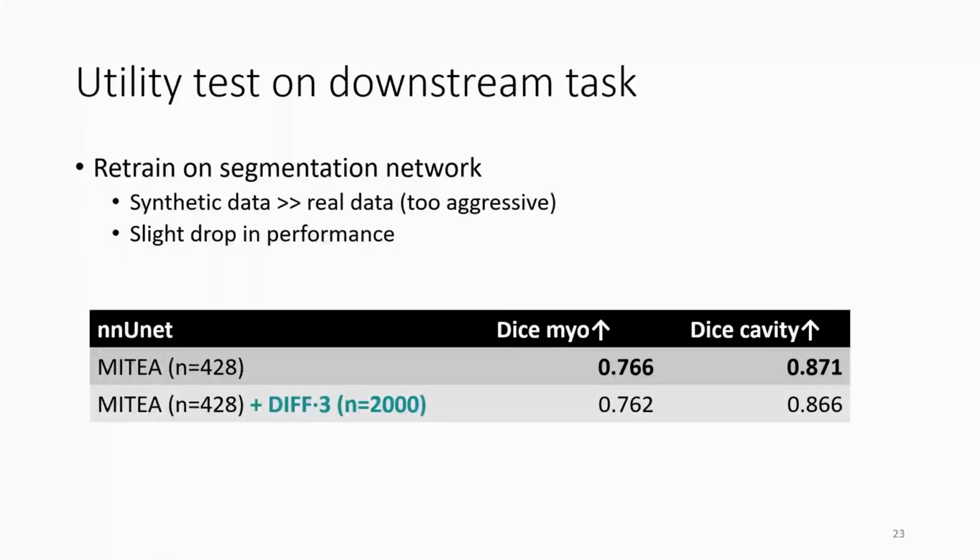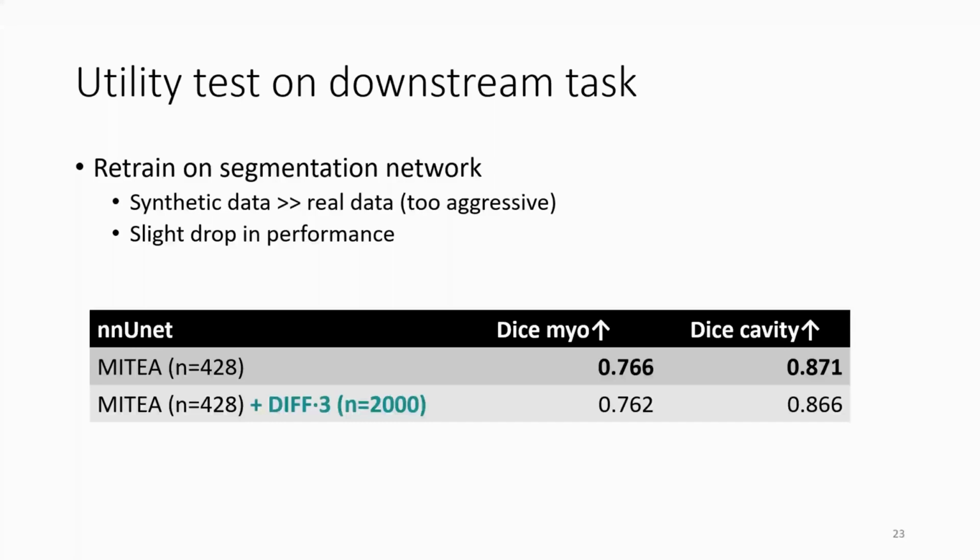And finally, it's not complete without actually testing the utility on the DIFF-E itself. So we retrained the segmentation network, but this time we did it a bit aggressively. Instead of adding only a little bit and cherry picking the data from the distribution, we just add 2,000 data directly. So we only have the real 400 data plus 2,000 synthetic data.